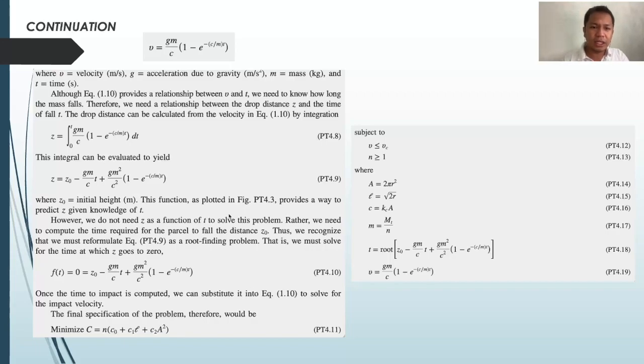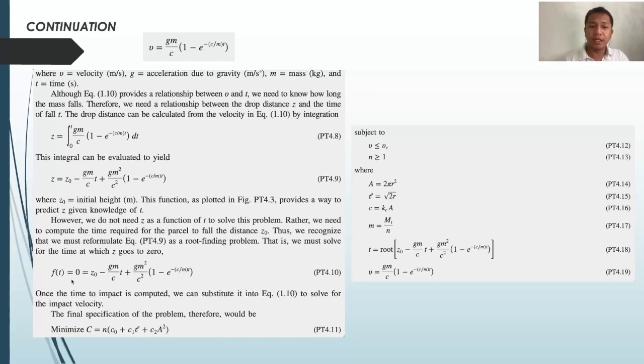However, we do not need z as a function of time to solve the problem. Rather, we need to compute the time required for the parcel to fall the distance z naught. Thus, we recognize that we must reformulate this equation as a root finding problem. We must solve for the time at which z goes to 0.